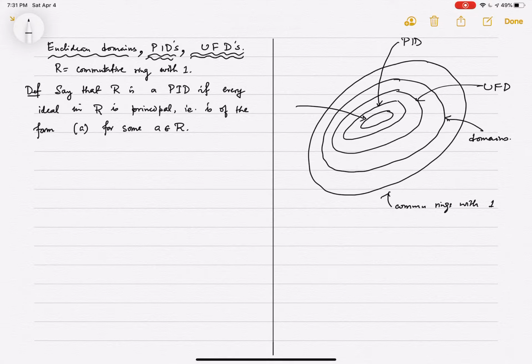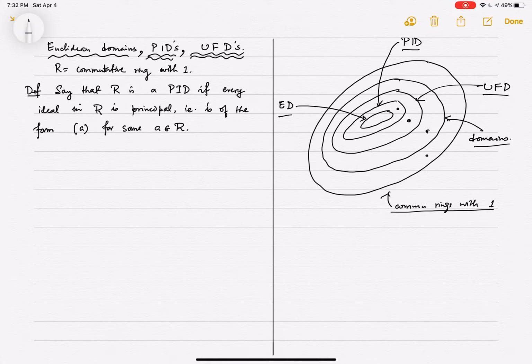Every Euclidean domain is a principal ideal domain, and every principal ideal domain is a unique factorization domain, and all these types are actually domains, and all these things are actually commutative rings with 1. And each containment here is strict, meaning there is a PID which is not a Euclidean domain, there is a unique factorization domain that is not a PID, there are plenty of domains that are not unique factorization domains, and there are commutative rings with 1 that are not domains. So that's some picture to have in mind.